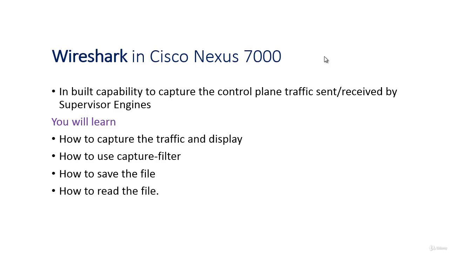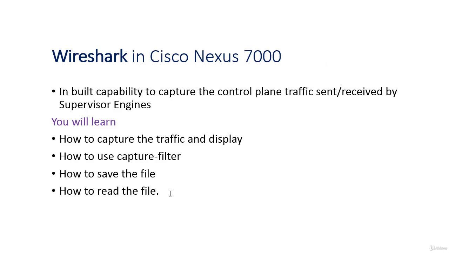Now the question is, how would you capture the traffic of the line cards or input output module? You cannot capture it directly, but there is a way which I'll probably talk about. But as of now, we'll just learn how to capture the control plane traffic, the traffic which is handled by CPU.